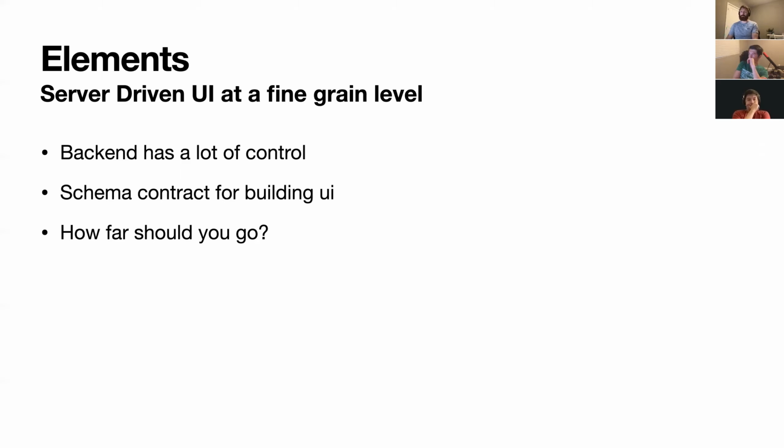It might make sense to use more template driven UI or by elements, but it's possible to build an entire application in a completely server driven UI way. And some people do that, but you just have to decide what works best for your use case.